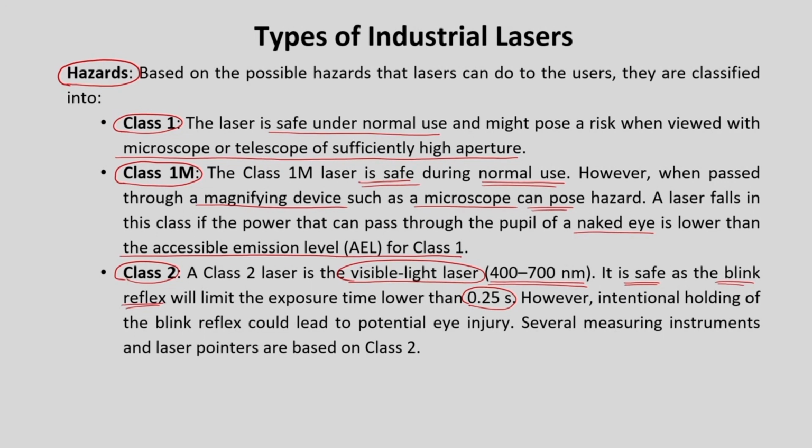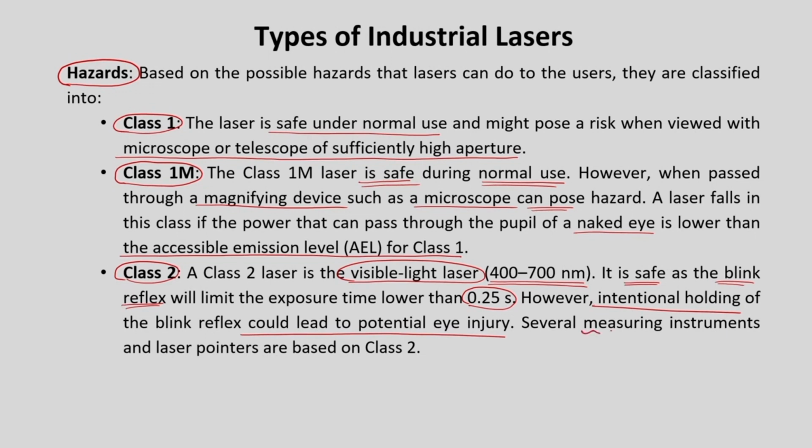However, the intentional holding of the blink reflex could lead to potential eye injury. If we intentionally hold the blink reflex, the intensity of this class 2 laser may harm us and create problems for our eye.